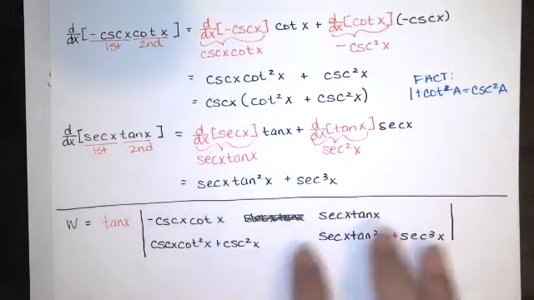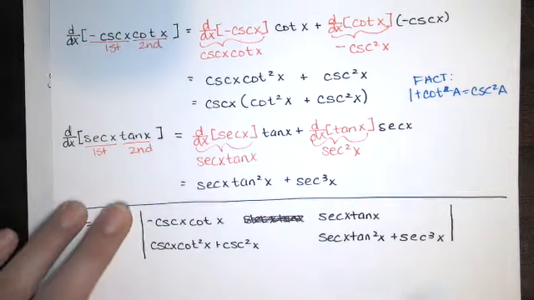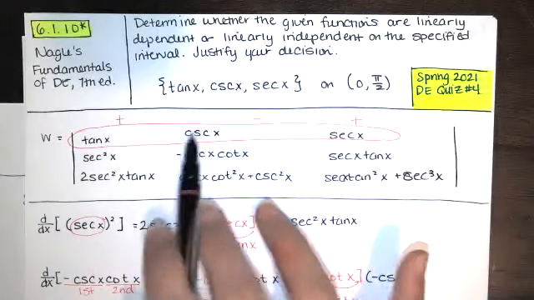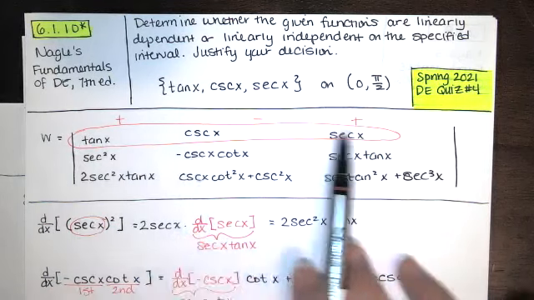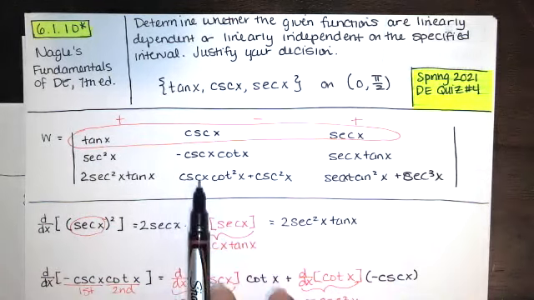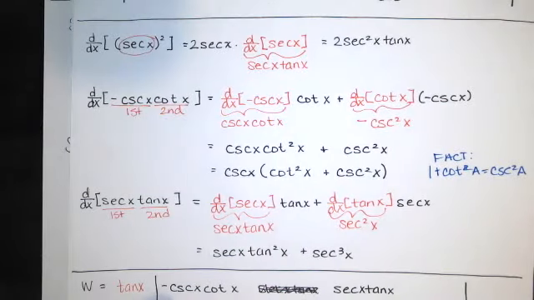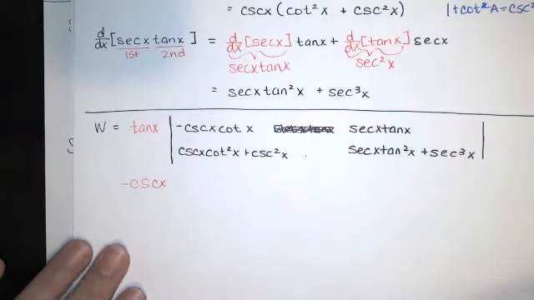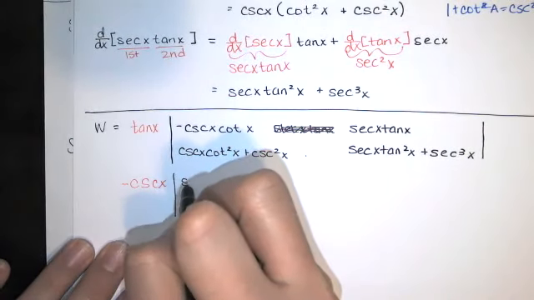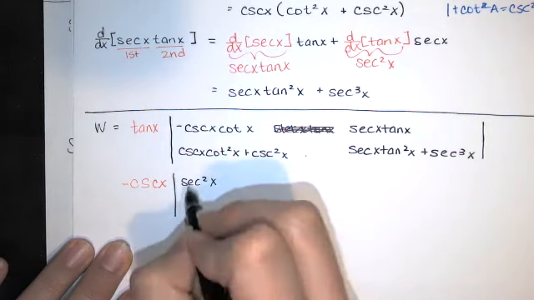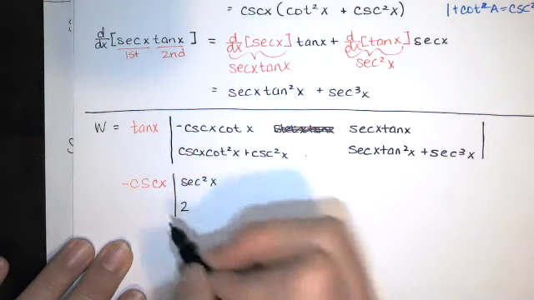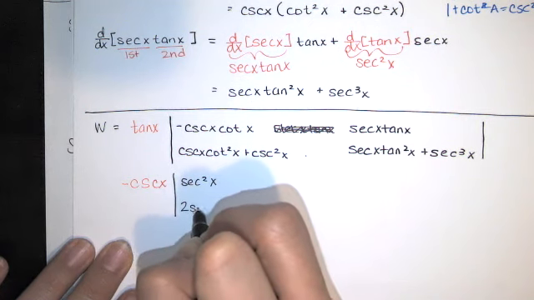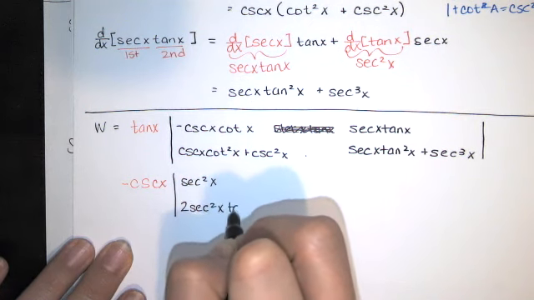Okay, so we're going to evaluate that in a little bit. Minus cosecant of x times the 2 by 2 determinant that comes from crossing out this row and this column. So we're going to have minus cosecant of x times this 2 by 2 determinant. Got that first column there, or I guess it's a column vector with 2 items in it, 2 rows.